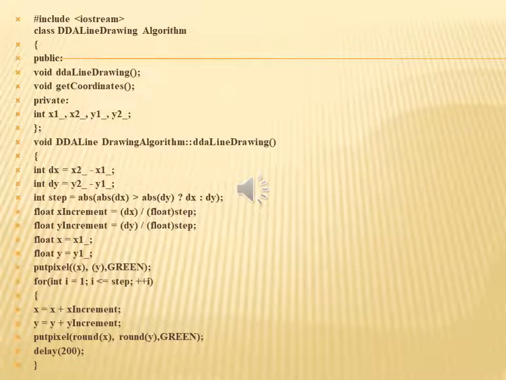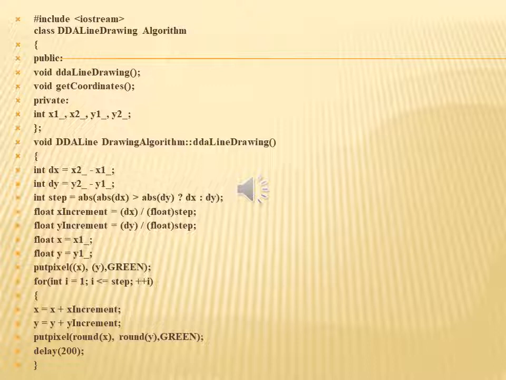The program for the DDA line generation. In this class DDA algorithm, the DDA line algorithm functions are used. Then the private integers x1, y1, x2, y2 are declared. And then the void DDA line algorithm function is generated.